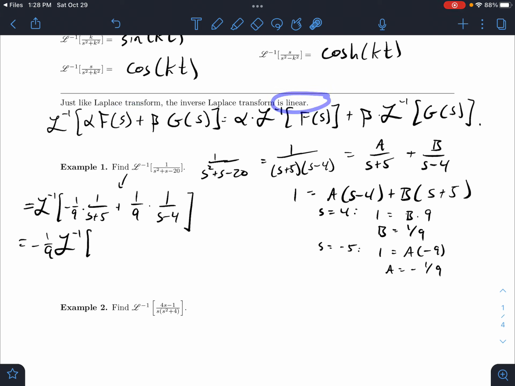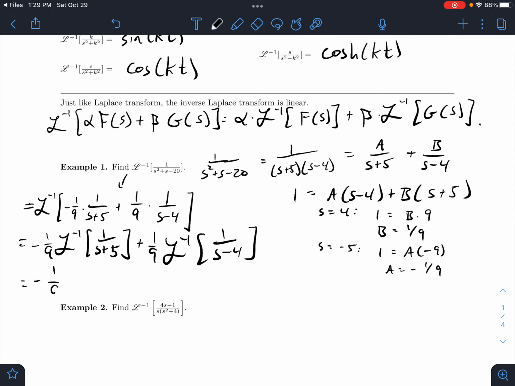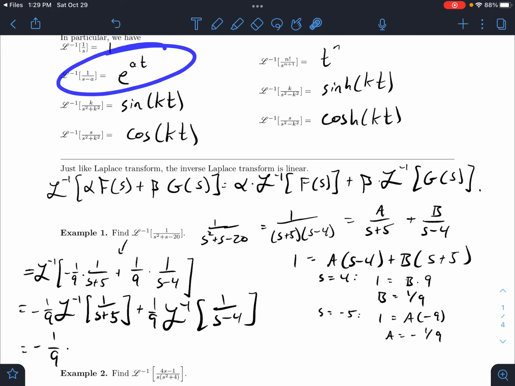So you can now use the fact that the inverse Laplace transform is linear to just split this up. So negative 1/9 times the inverse Laplace transform of 1 over s plus 5 plus 1/9 times the inverse Laplace transform of 1 over s minus 4. Now we can just refer to our inverse Laplace table.